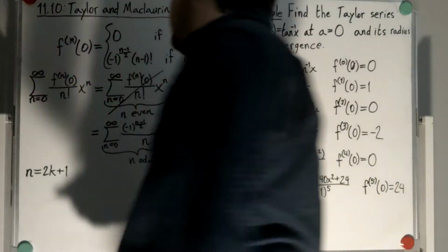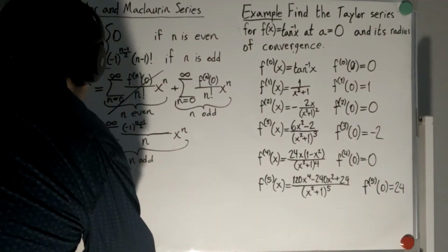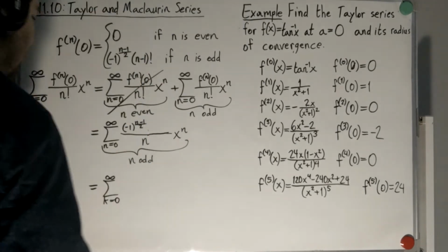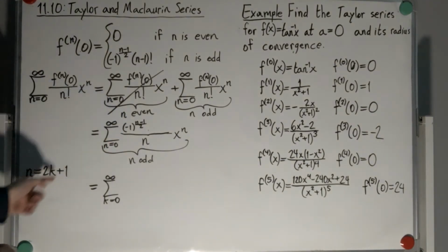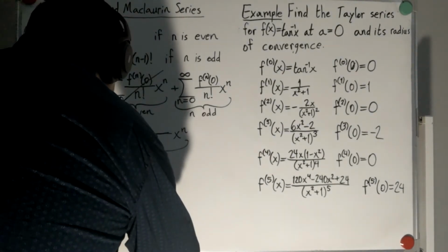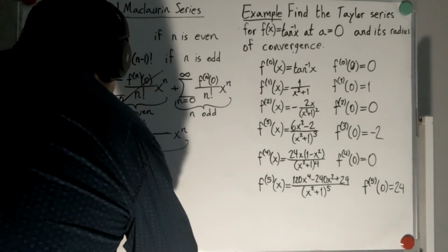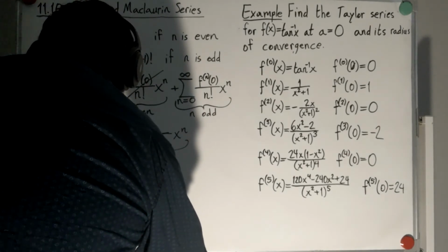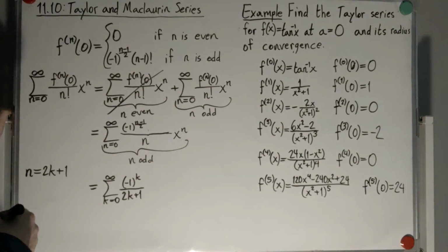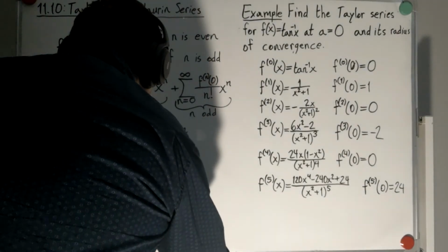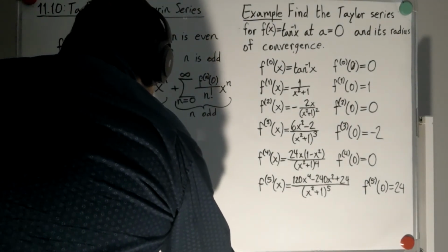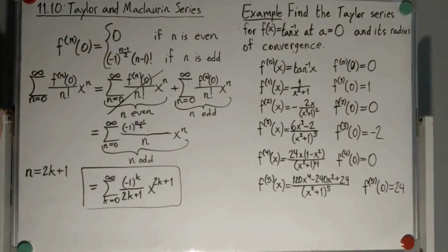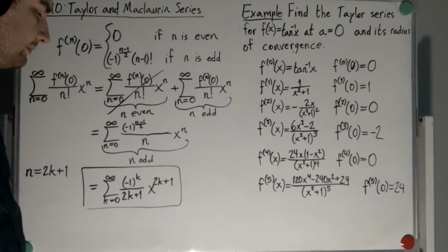All right. So then in that case, this can be rewritten as the sum from k equals 0 to infinity of, okay, (n minus 1) over 2, that's the same as k. So this is negative 1 to the kth power divided by n, and that's the same as 2k plus 1. And then x to the nth power, that's x to the 2k plus 1. And that's our power series representation for the arctangent of x.